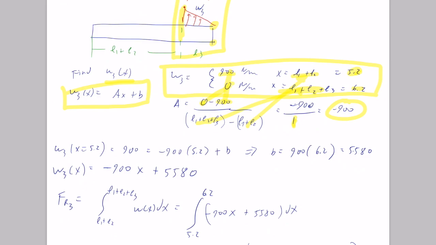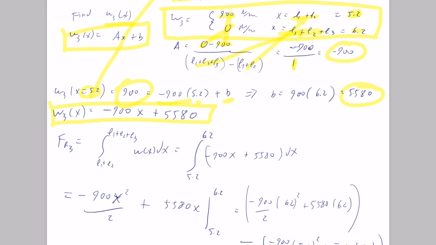Okay, and then W3 at X equal 5.2, which is this point up here, is of course 900. And then we can plug that slope times the position to calculate B. So this gives us B, 5,580. So there's now our equation for W3 of X.